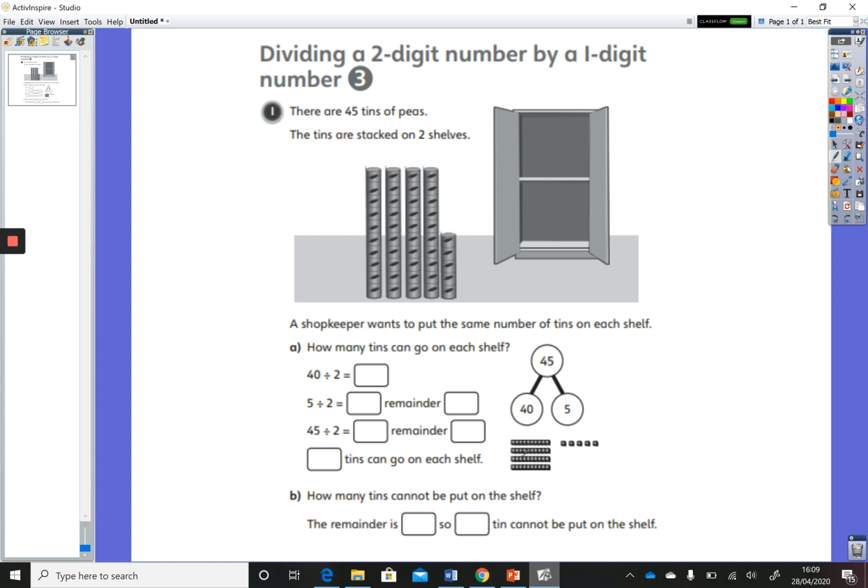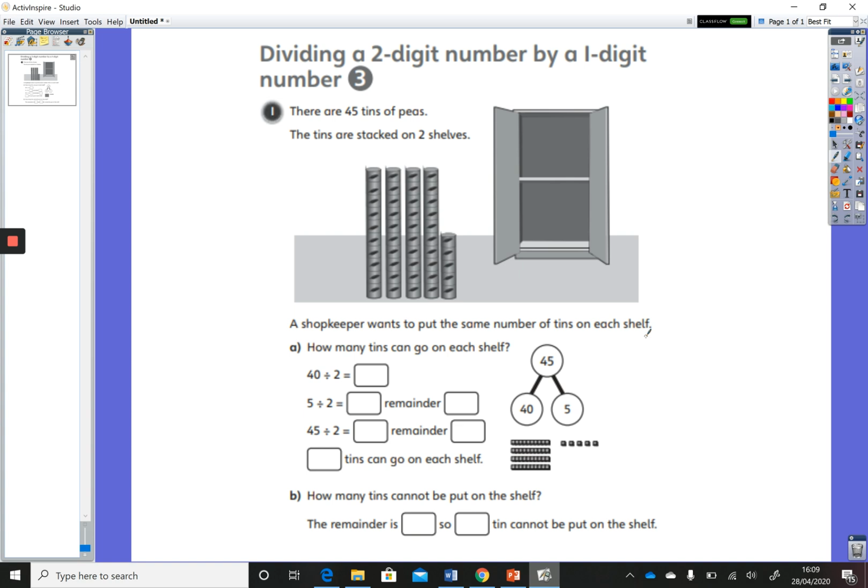But it's based on that same principle, that sometimes numbers don't divide equally into groups, so you get remainders. I still think using the part-whole method is quite a nice way of dividing, and Power Maths have used that again today.